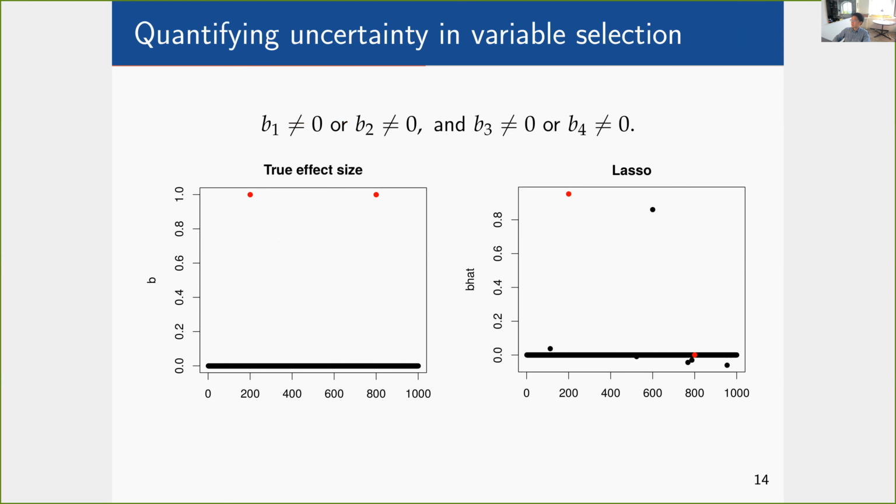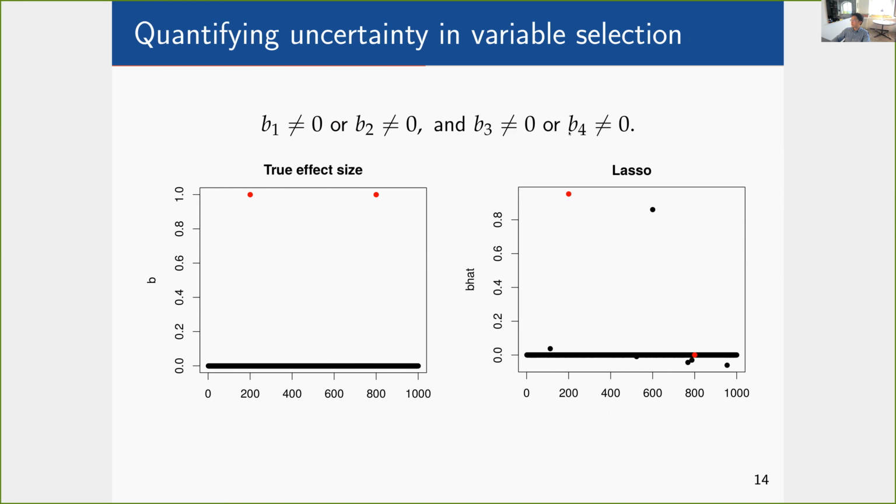So to give an example of the challenge of quantifying uncertainty in variable selection, say you have 4 SNPs here, 1, 2, 3, 4, right? And your true effect should be, let's say, SNP number 1 and SNP number 4. But then SNP 1 and 2 are in LD with each other.